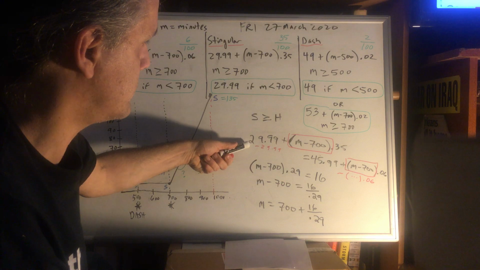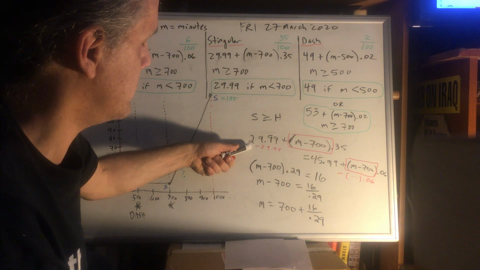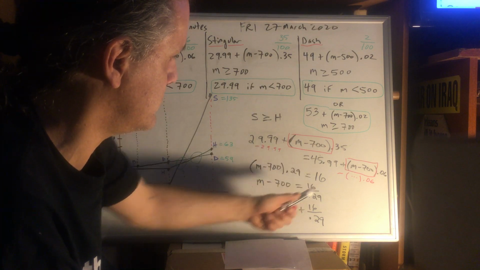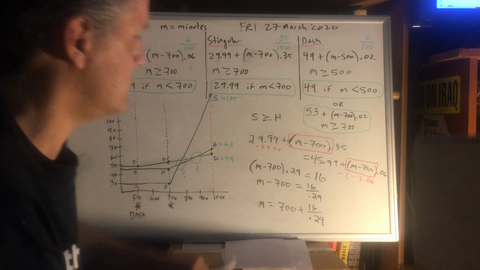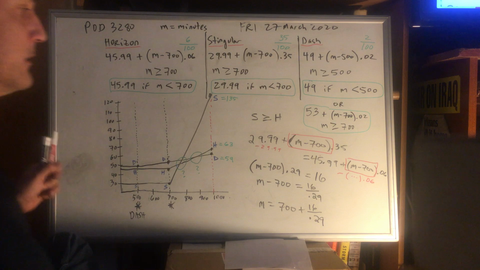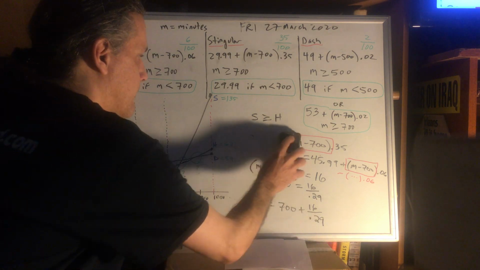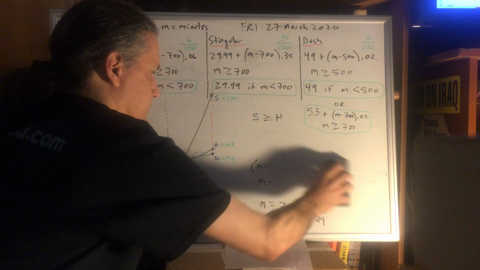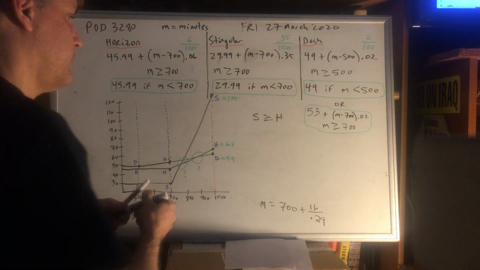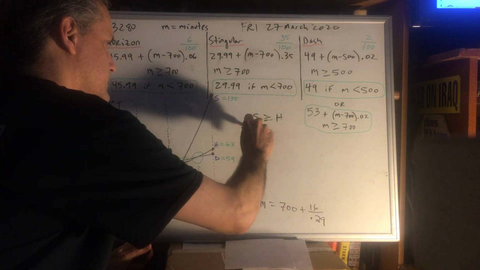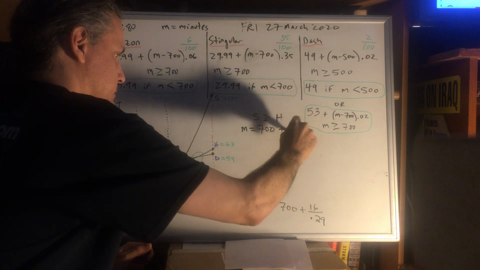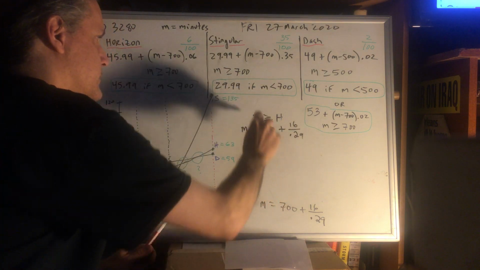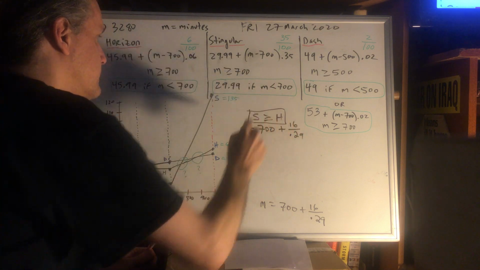And then when I subtracted the 29.99 from the 45.99, we got 16. So then I divided by the number multiplied to the parentheses and just add 700. That makes this a lot more manageable. Okay, so our first situation, the number of minutes equals 700 plus 16 divided by 0.29, and that's for this condition.